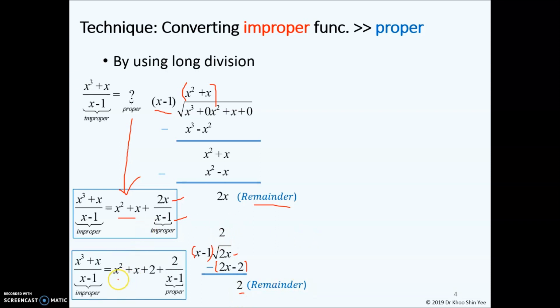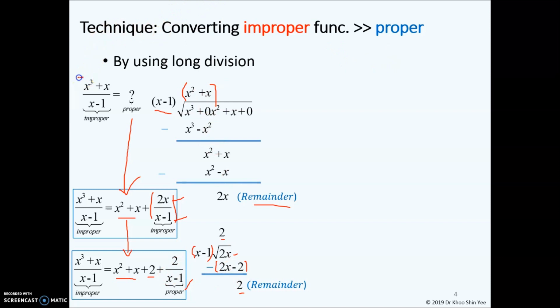Therefore, we can write it into this form, x squared plus 2 plus x remain, and this term can be further reduced to this, which is written as 2 plus 2 divided by x minus 1, which is this one. And we can see that this cannot be further reduced anymore. So why do we want to do this?